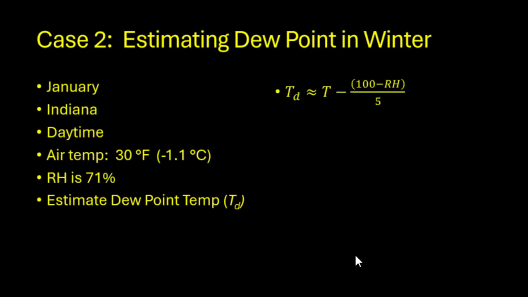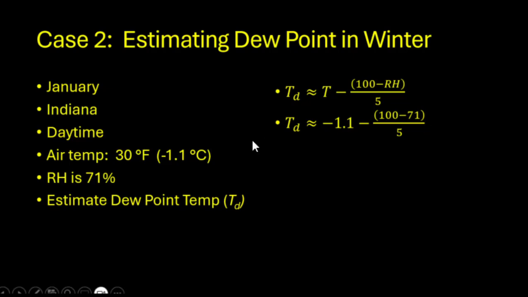So to do that, first off, we'll look at our formula. So dew point temperature is the air temperature minus 100 minus RH over 5. So we have our air temperature at negative 1.1 degrees Celsius. So I would have done that conversion, and then from 30 degrees.